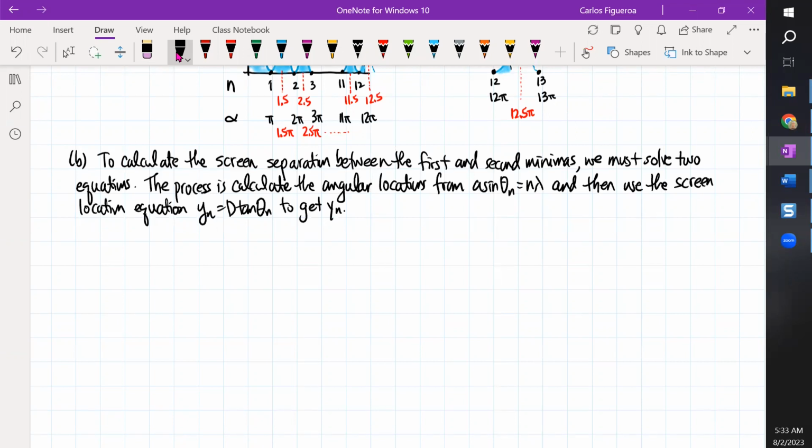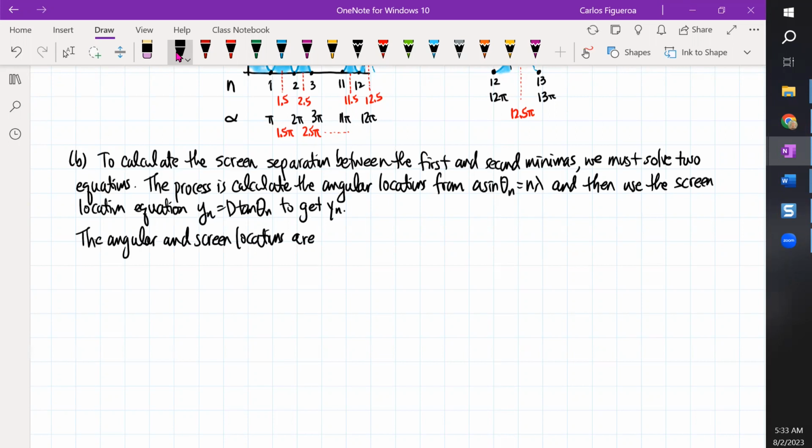So let's do that. The angular and screen locations are then going to be as follows.